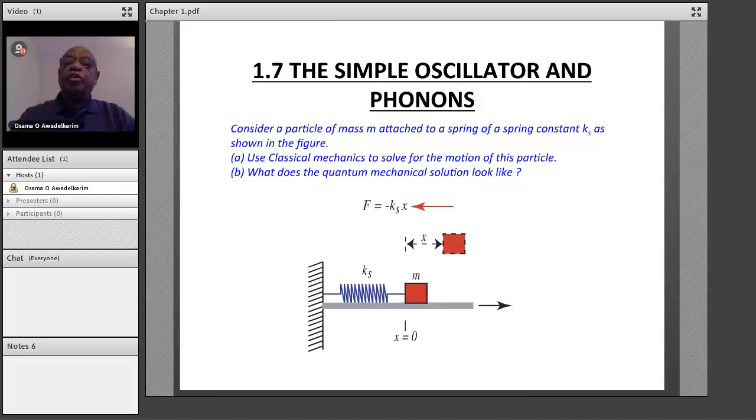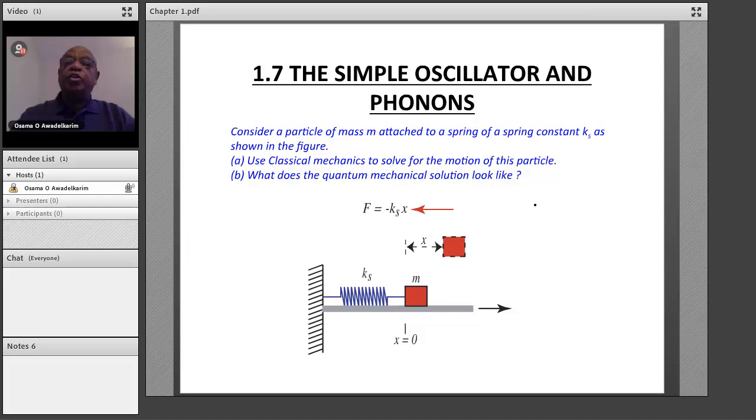And it's a very important problem indeed. And we're going to do the quantum mechanics formulation of this problem. Okay, let's first talk about classical mechanics in terms of this problem, the simple oscillator.